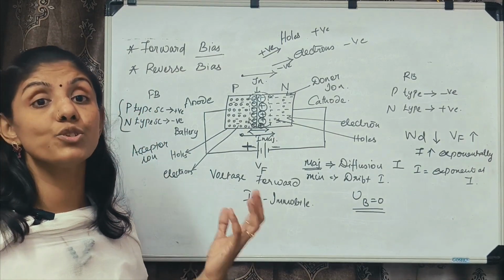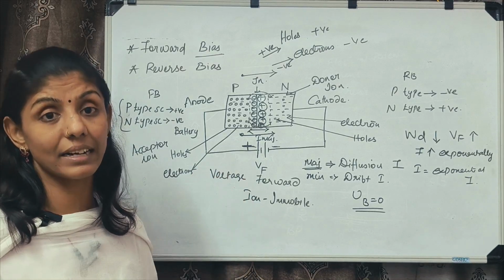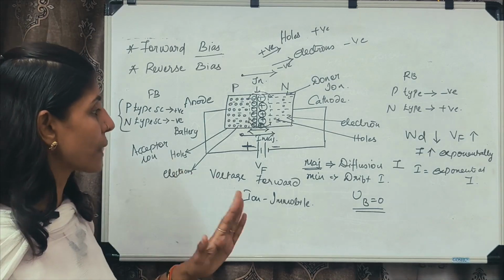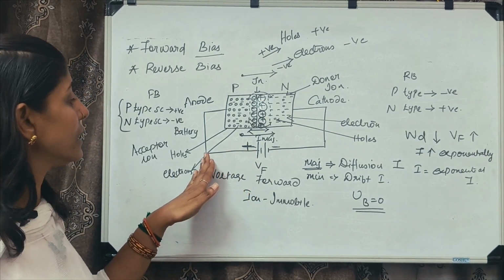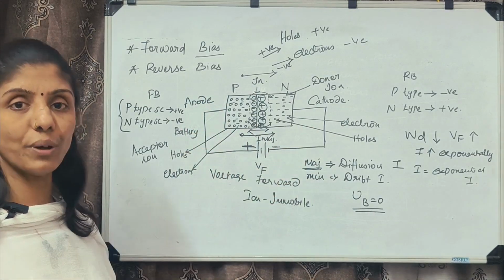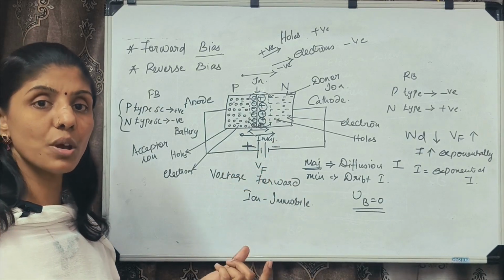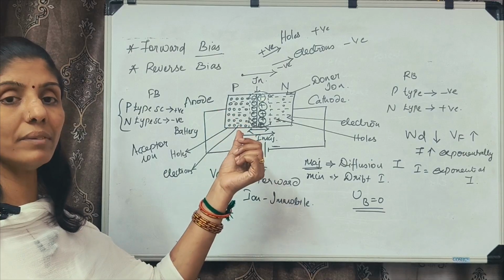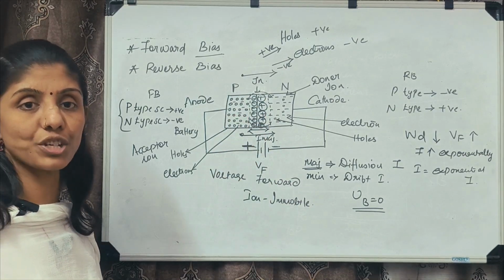So these are the things you should remember. Then only will you be able to draw the VI characteristics of the forward bias junction. So what is a forward bias? The positive terminal of the battery to P type, the negative terminal of the battery to N type. So the depletion region width will be reduced because the majority charge carriers recombine with the immobile ions available near the junction.